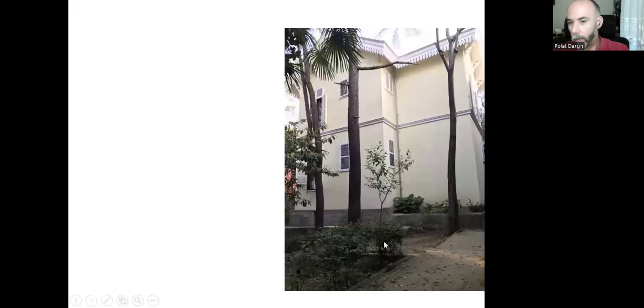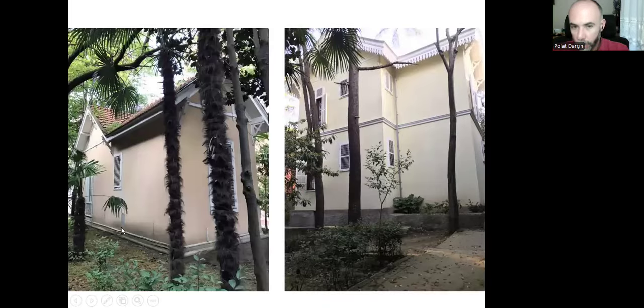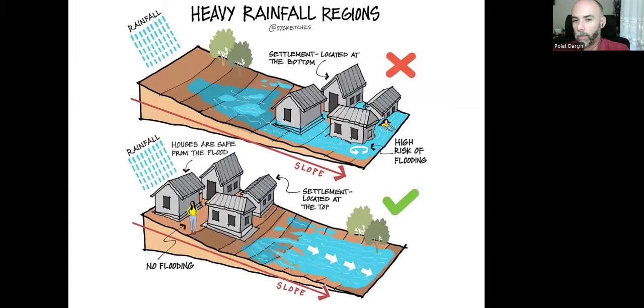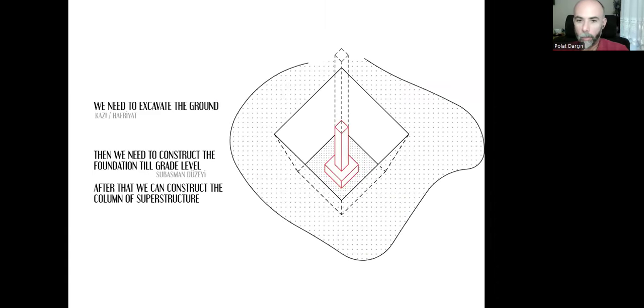And as you can see here, that's the grade level. Without the grade level, even if there is no risk of flood, there can be stains due to the rainwater. We need to be careful about the slope direction. With the rainfall, all excessive surface water can cause problems. So we can change the slope or regulate the slope all around the building.